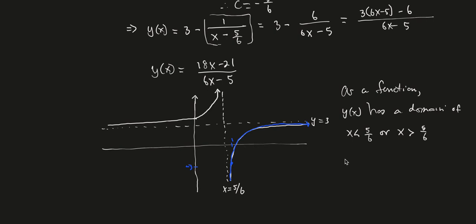As the solution to the initial value problem, that is, satisfying the differential equation and satisfying the initial condition, y of x, we don't use the word domain now, we use the phrase either interval of existence or interval of validity.